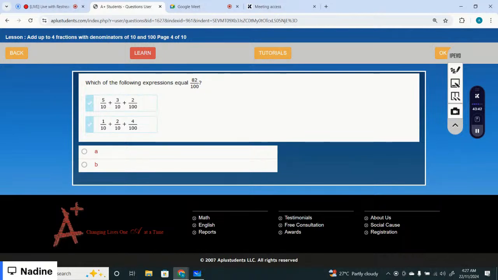Which of the following equals 82 by 100? Which is the correct option?